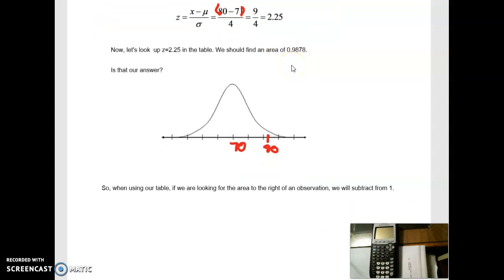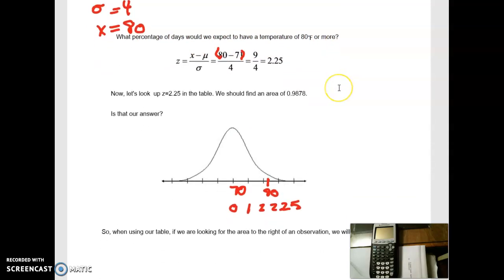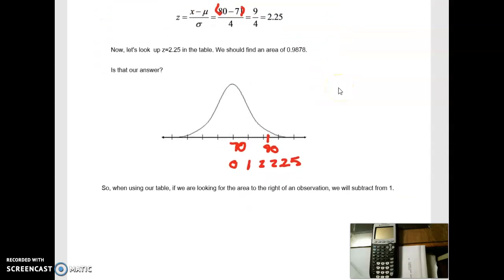Remember, the middle where the mean is, that's 0. There's plus 1, here's plus 2, and then there's our 80, which is 2.25. So effectively what this problem is asking us is 80 degrees or more. The area we're looking at would be the shaded area up here.